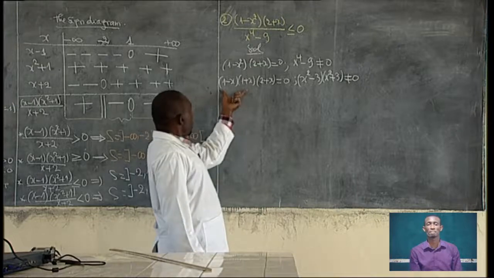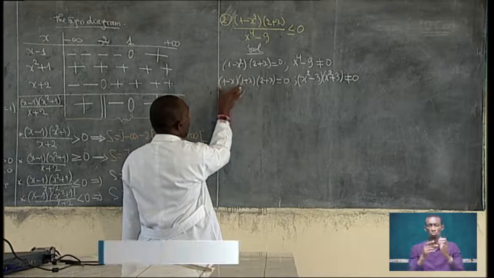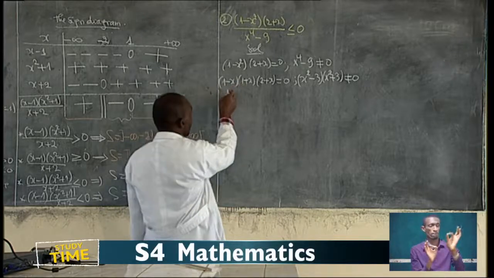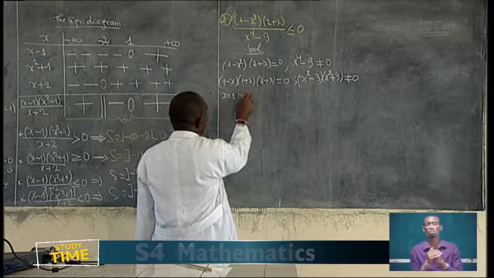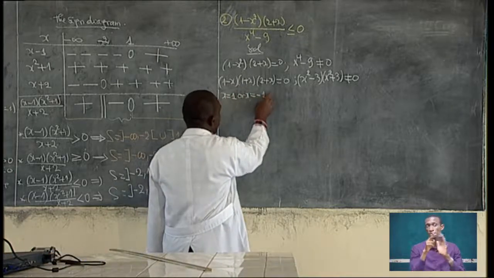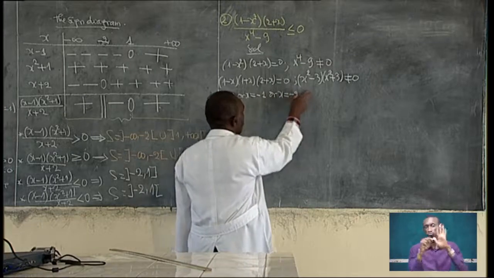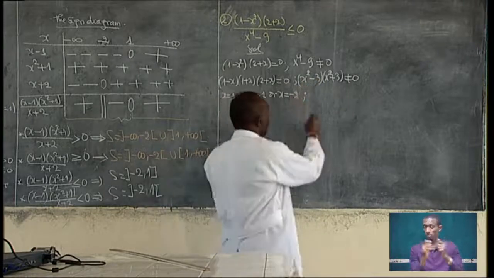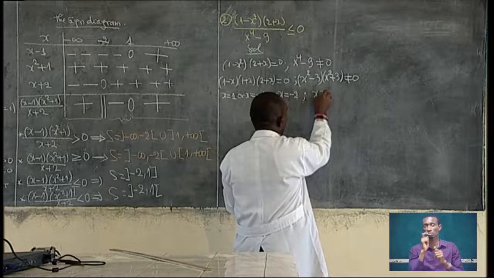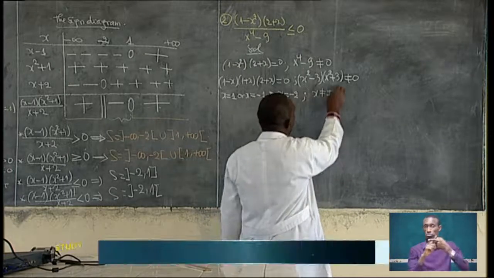So applying the zero product property means that I'm going to equate each factor to 0. Here I'll be having x equals 1, or x equals -1, or x equals -2. And here, when you solve for x, I'll be having x different from positive or negative square root of 3.